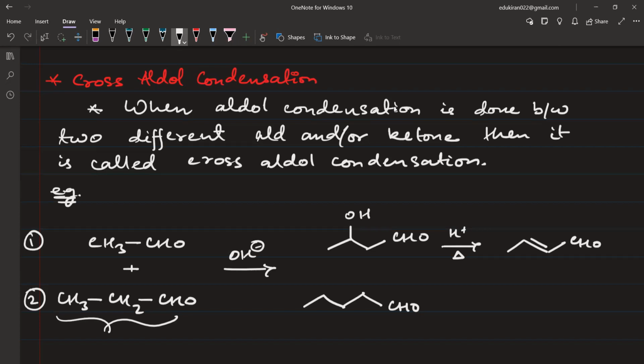Now this alpha carbon will get what? Total number of carbons is 3, out of which you have taken 2, so 1 is left. So the alpha carbon is going to get 1 CH3 and the beta is going to get OH. After H plus and heat it is very easy: remove the OH and put a double bond between alpha and beta.